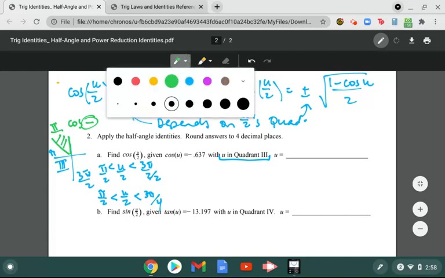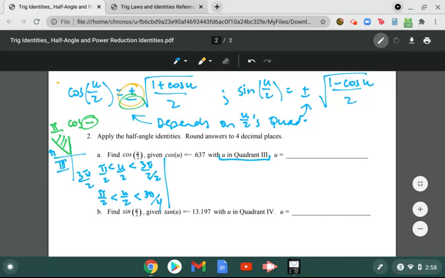Let's go ahead and just plug everything now into our formula. So we've chosen negative. So I can write cosine u divided by 2 is equal to negative square root of 1 plus cosine u, which is negative 1 plus negative 0.637, all divided by 2.